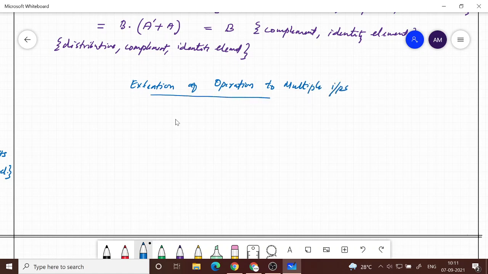So we have already seen that x plus y is a two input OR gate. This is basically OR operation between x and y, but you can extend it to one more input, say z.